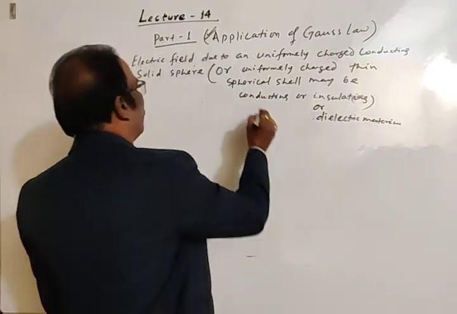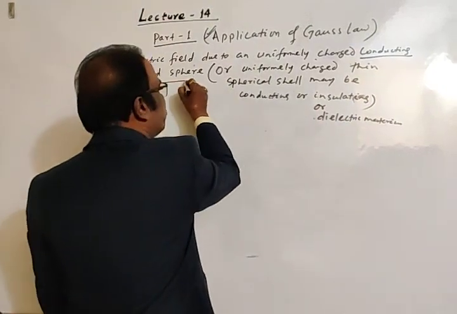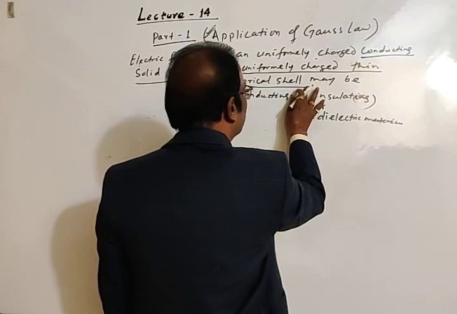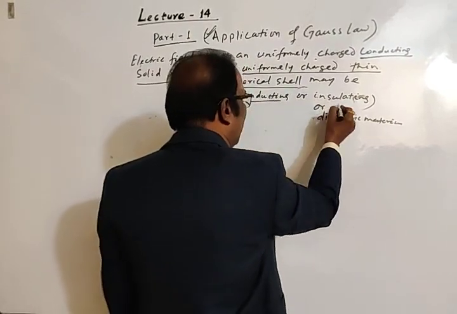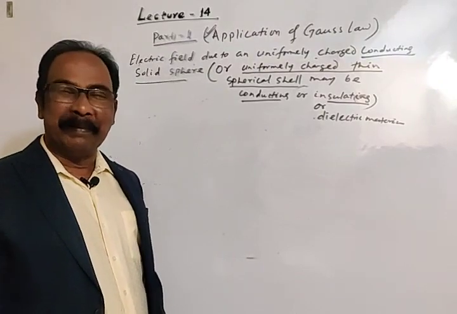Uniformly charged conducting solid sphere or uniformly charged thin spherical cell may be conducting or may be insulating. Result for all is same.